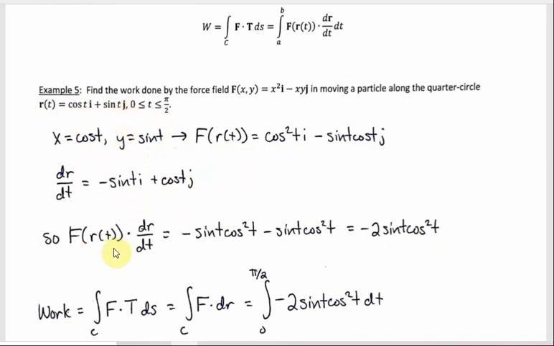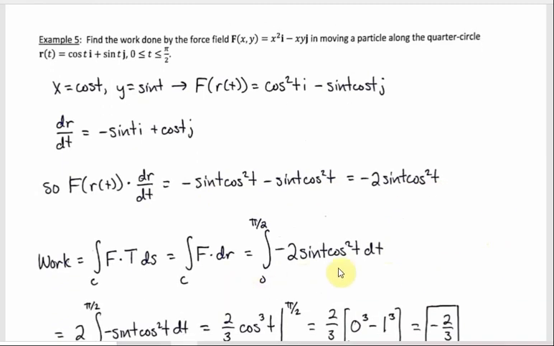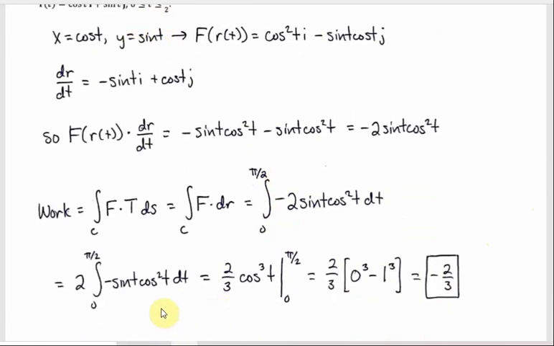So then F of r of t dotted with dr/dt will end up being minus sine t cosine squared t minus another sine t cosine squared t. So that's minus 2 sine t cosine squared t. And then for the work, we're just going to integrate that from 0 to pi over 2, because those are the limits on t up there. And that's not too bad.